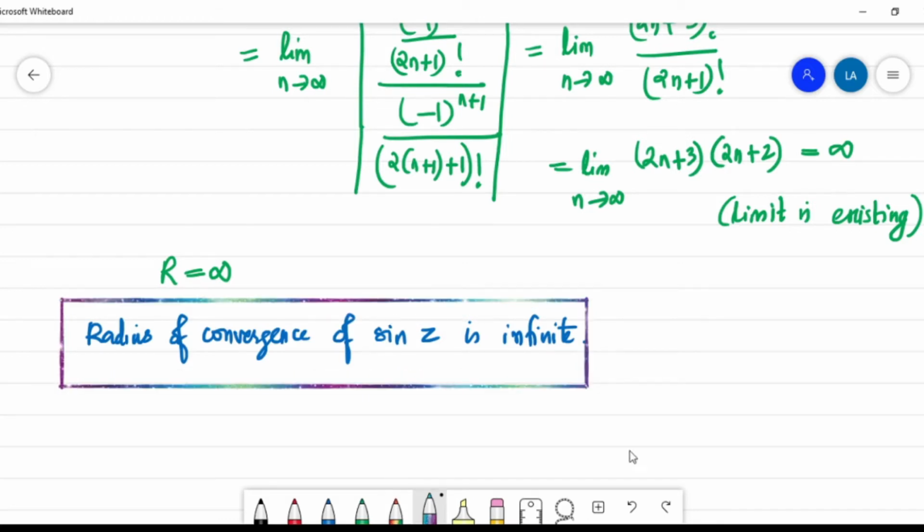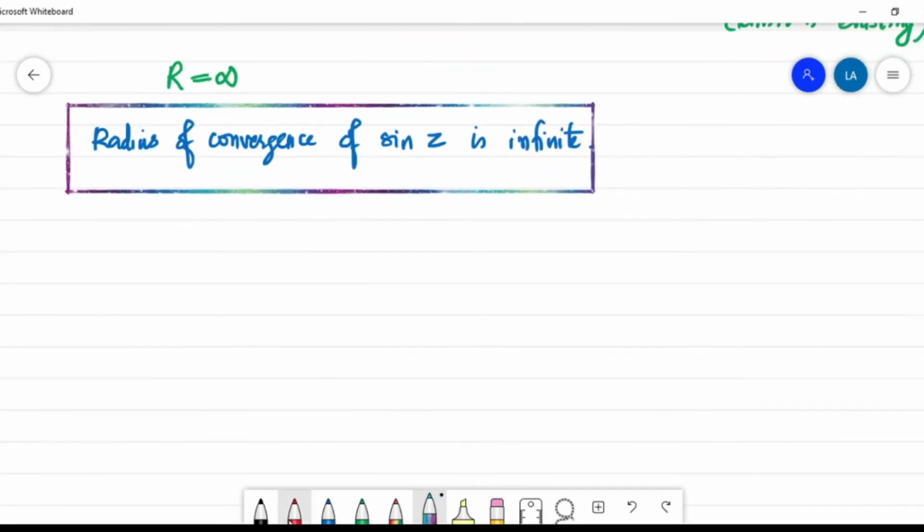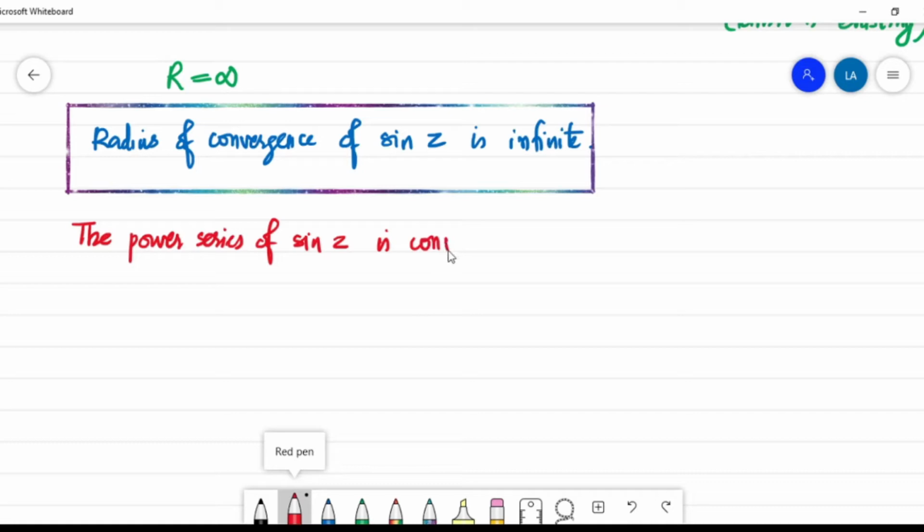Okay, and from that we are going to get that the power series of sine Z is convergent in the entire complex plane.